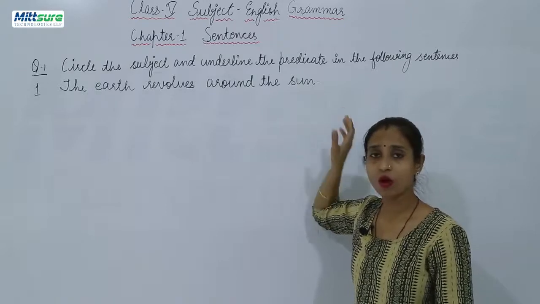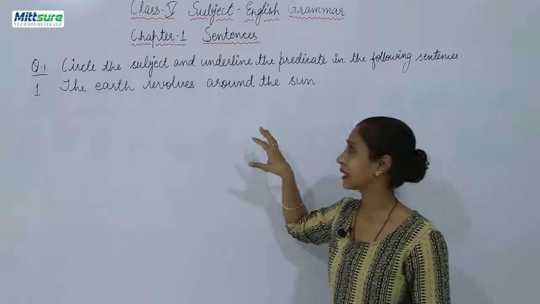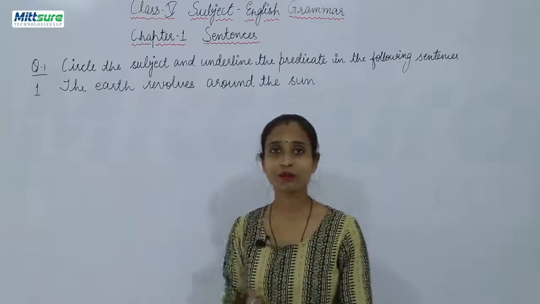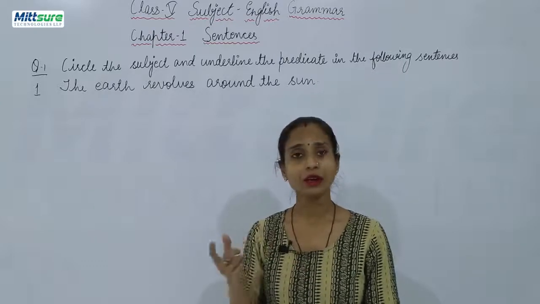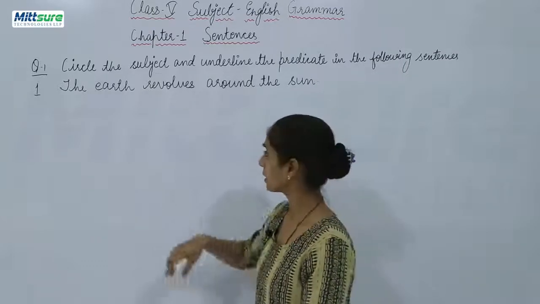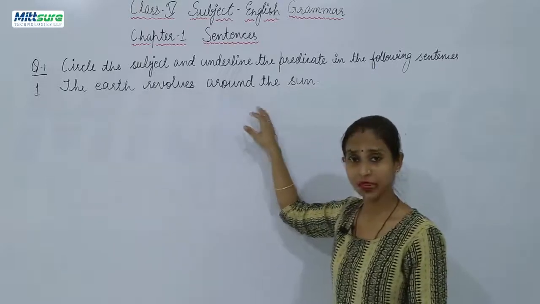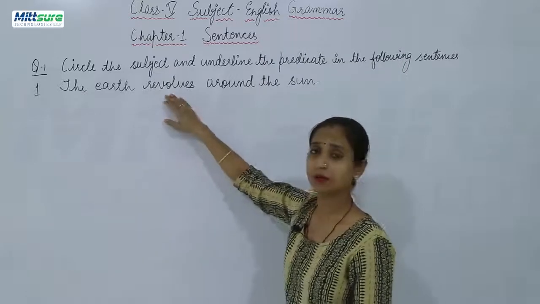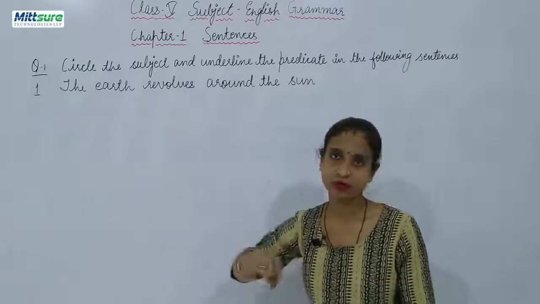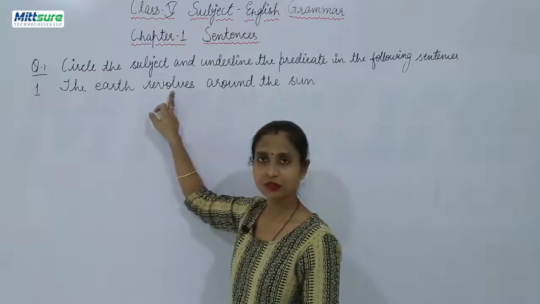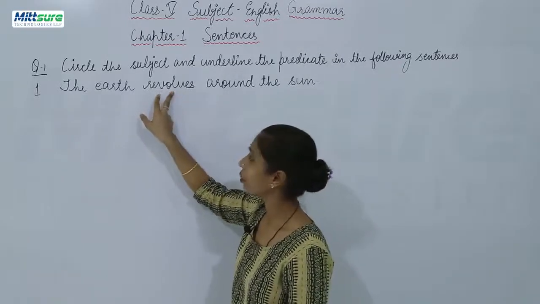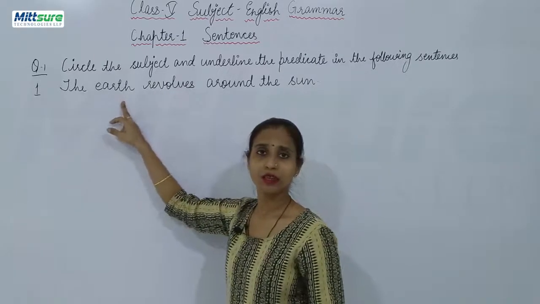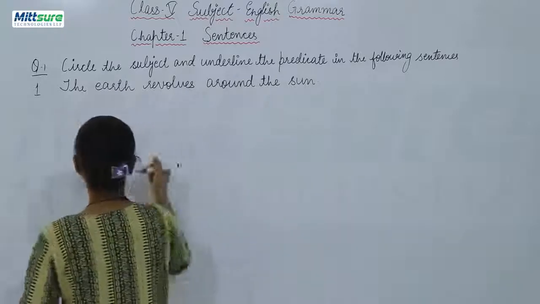Always look at the verb, that is the action word in the sentence. And what do you have to ask from that verb? Who or what, right? So let's make out the action word in this sentence. The earth revolves. Revolves means to make a round. Fine. It is an action word. Who revolves? The earth revolves. So the earth will be the subject of the sentence.